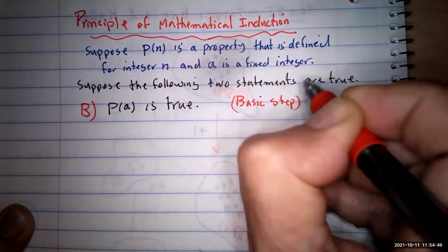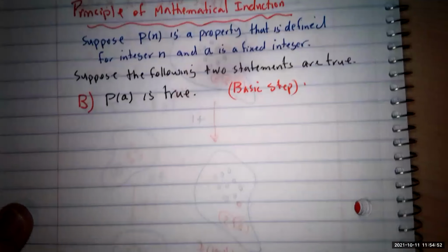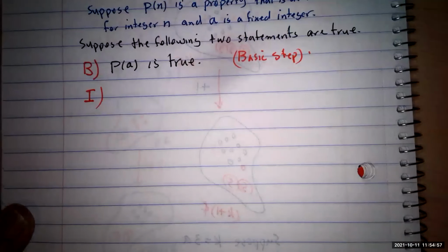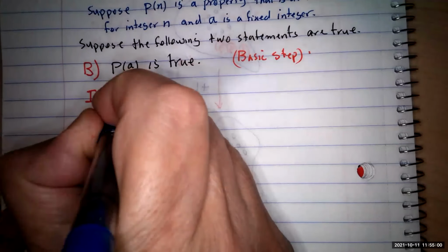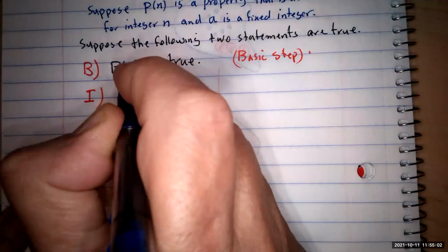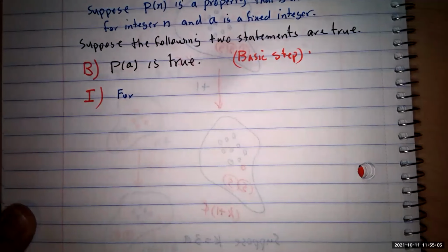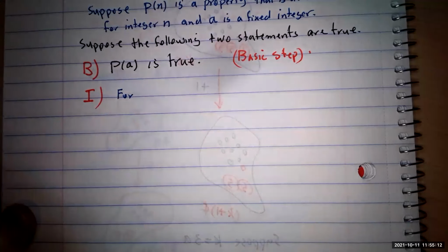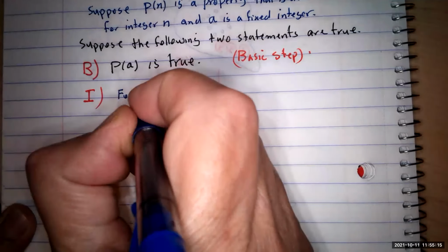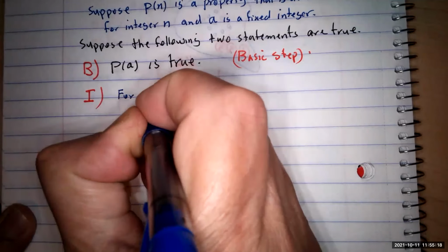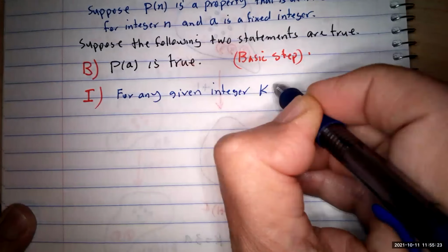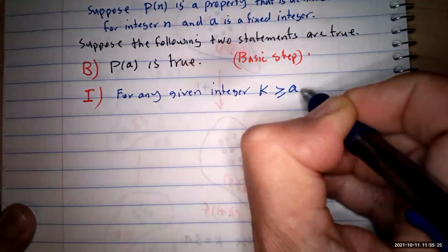What's going to be the next part? The next part is called the inductive step, I. You fix it for any given integer k greater than or equal to a.